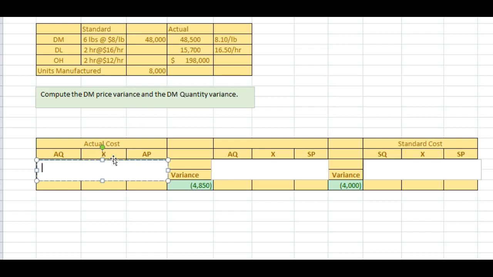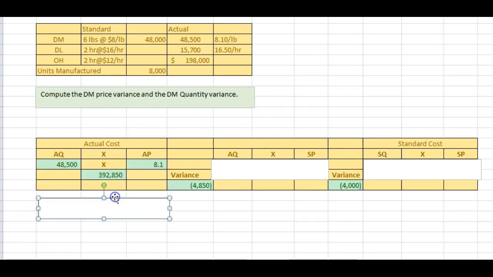Let's just look at this so you can get the hang of it. This is our actual quantity times our actual price. This direct material cost us $392,850. Now I want to know how much the price affected it and how much the quantity affected it.